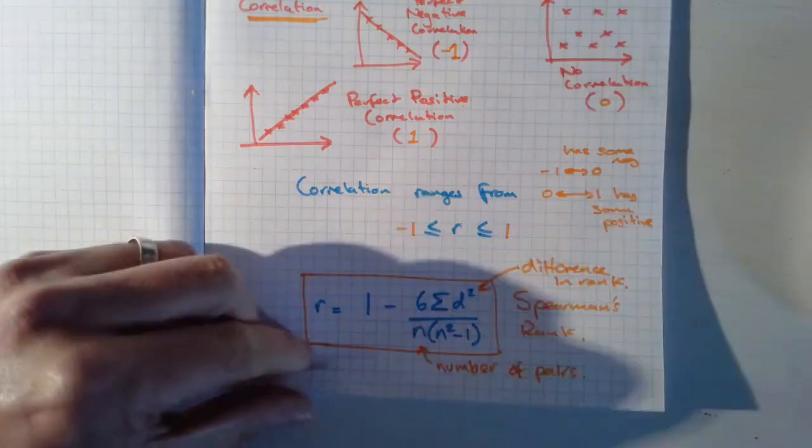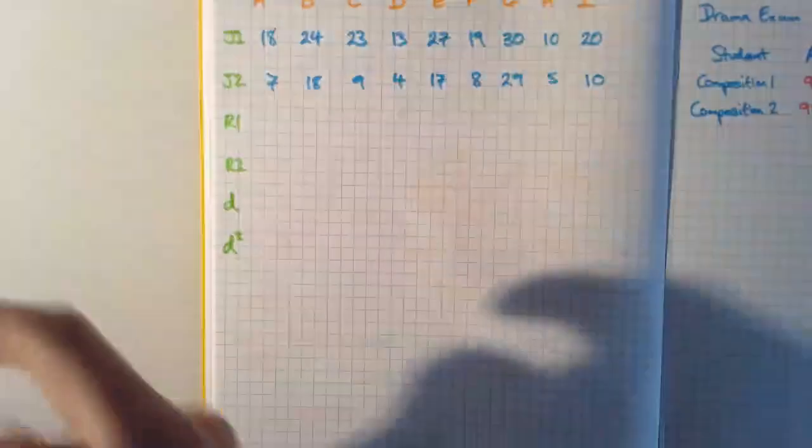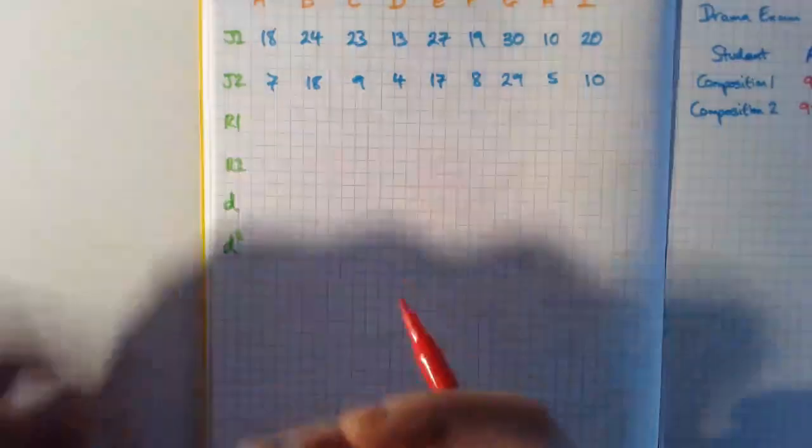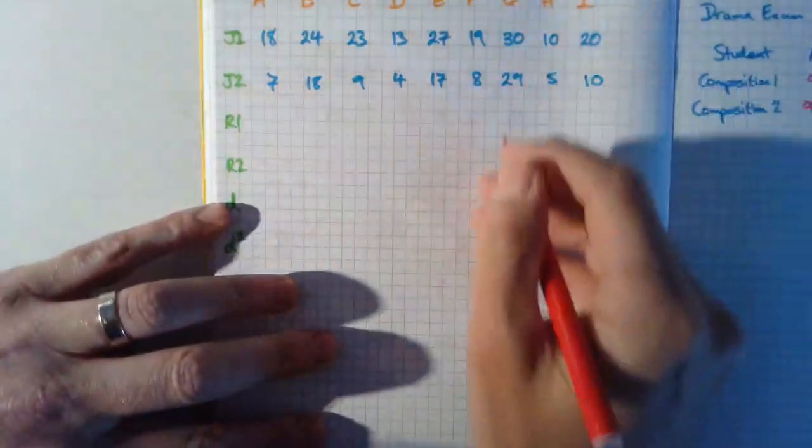Okay, now we're going to apply that to our 2 judges with the pies. So we're going to rank these scores from lowest to highest for both judges. You can go highest to lowest, but you have to be consistent for each judge.